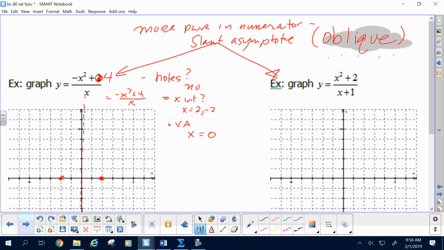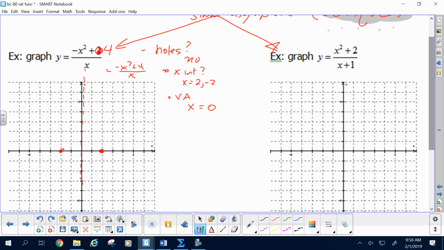Okie dokie. Now then, what about the end behavior? That's the start of this show. If I took the limit as x goes to positive infinity of negative x squared plus 4 over x, the top goes to negative infinity, the bottom goes to positive infinity.